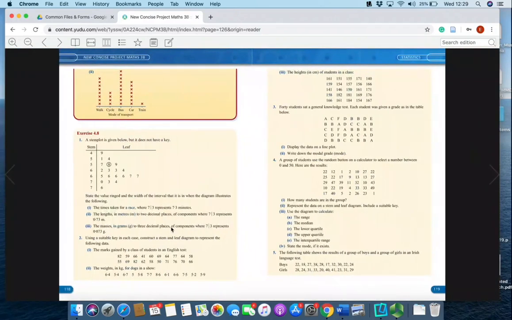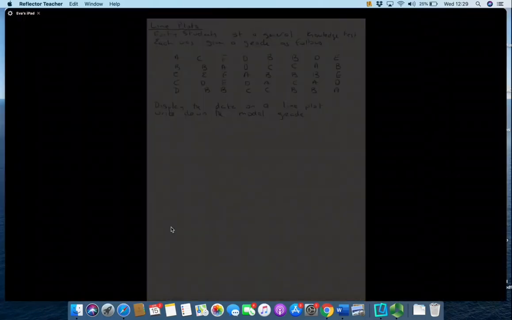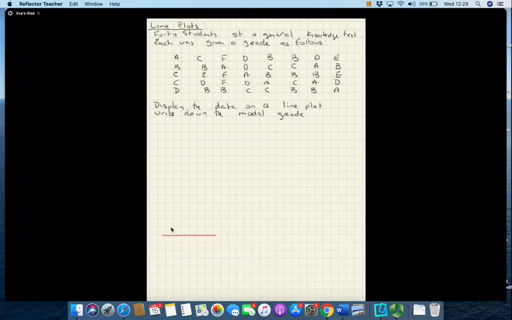So for my one, when I'm plotting the results people got in a test, I'm going to have one line at the bottom, and I'm going to say A's here, B, C, D, E. I don't know if that's everybody, but we'll try.